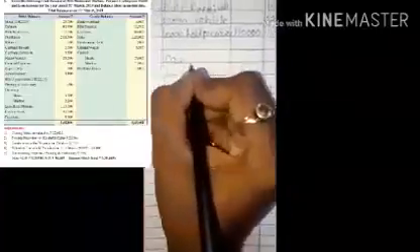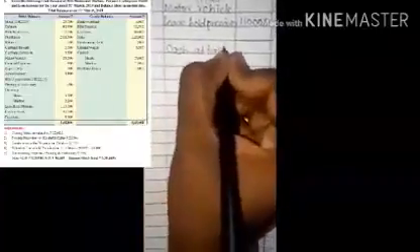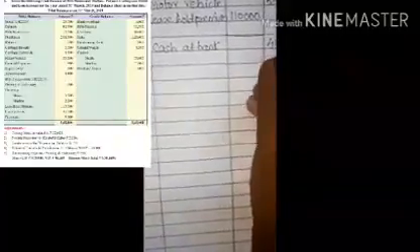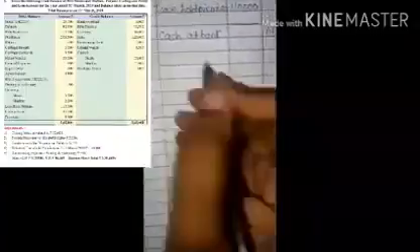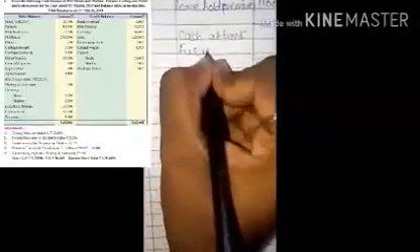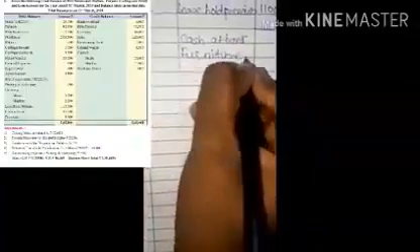Balance sheet asset side, cash at bank, outer column 45,000. Next item is furniture, balance sheet asset side, furniture, amount 8,300.